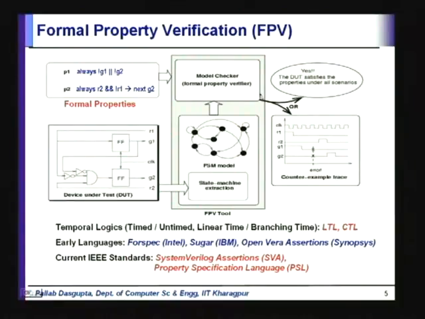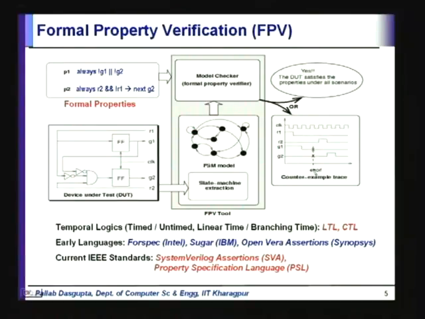The model checker, the tool which checks the properties, takes this finite state machine model as the input and the properties as the input, and then checks whether this property is going to hold on this model, on the implementation, in all possible ways, right, or if not, then there is some combination of inputs and outputs under which the property is not met in the finite state machine model.